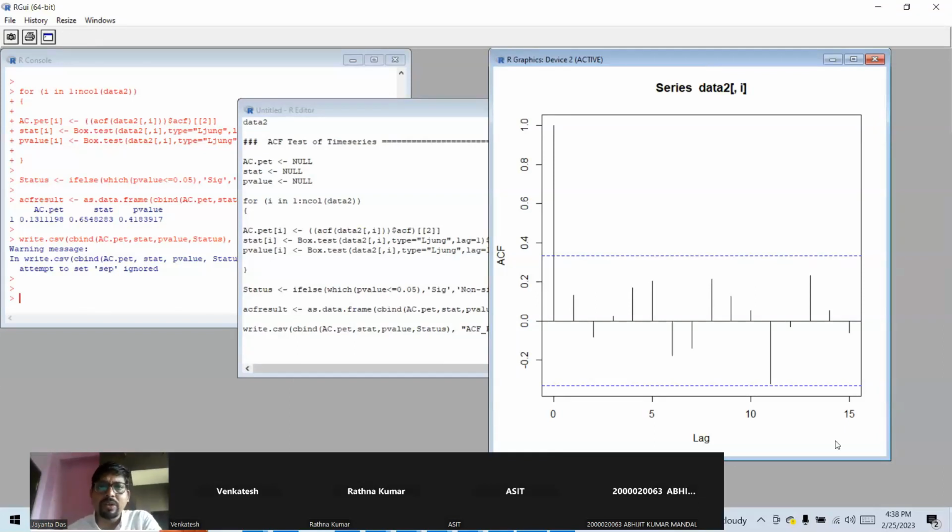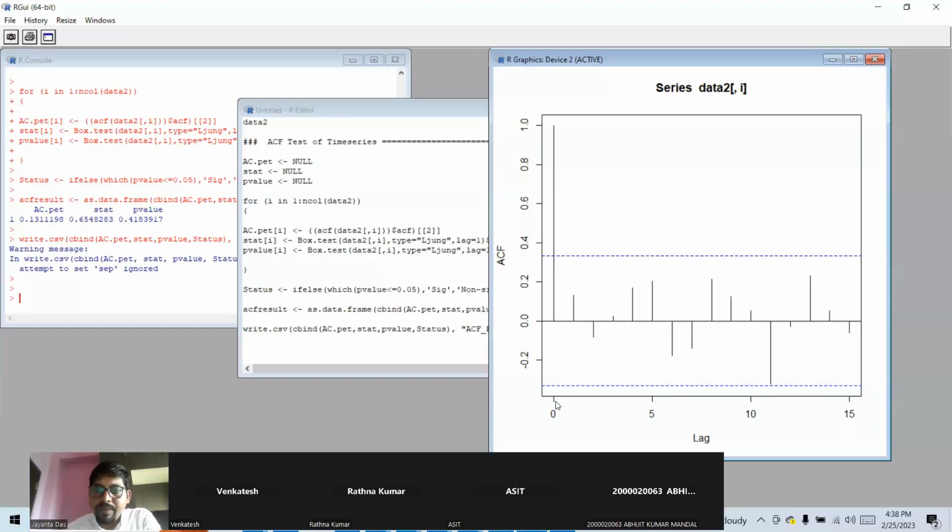Here I have considered time series with lag 1, because I have annual data: 1957, then 1958, then 1959, like these. So the interval is 1. That's why I have considered lag 1. This blue dotted line is the 95% confidence interval.